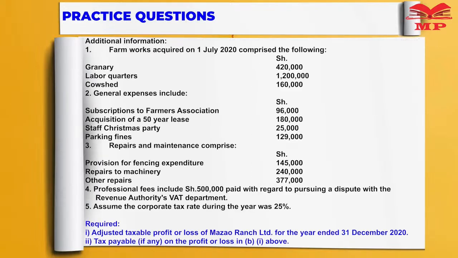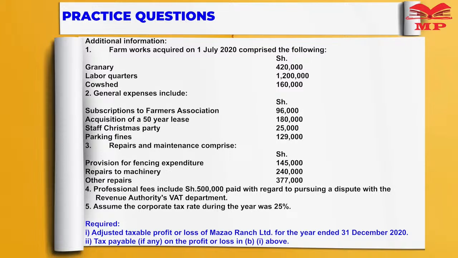Additional information number 1, farm work acquired on 1st July 2020 comprised of the following: granary, labor quarters, cow sheds. Number 2, general expenses include subscription to a farmers association, acquisition of a 50-year lease, staff Christmas party, parking fine. Then number 3, repair and maintenance comprised provision for fencing expenditure, repair to machinery, other repairs.